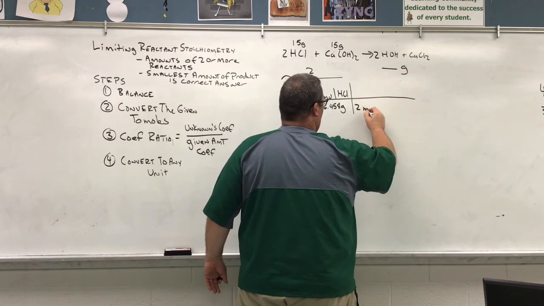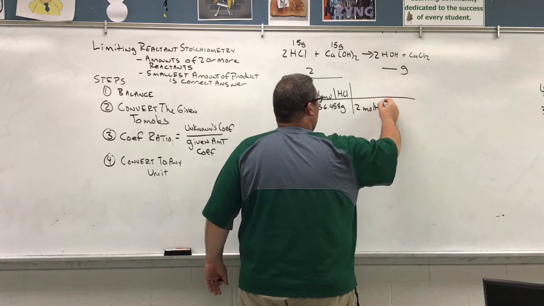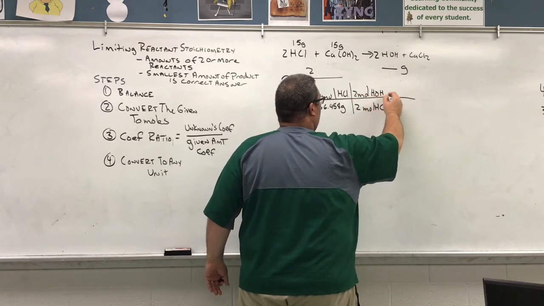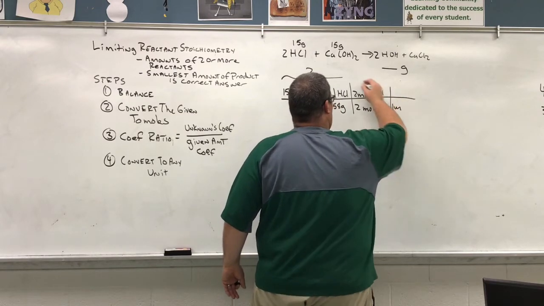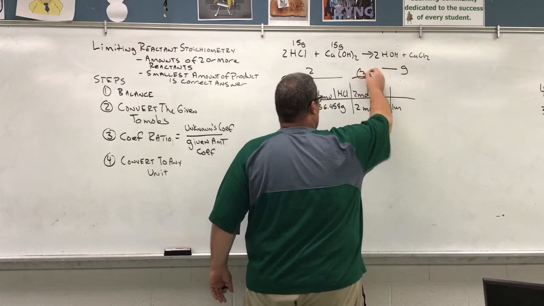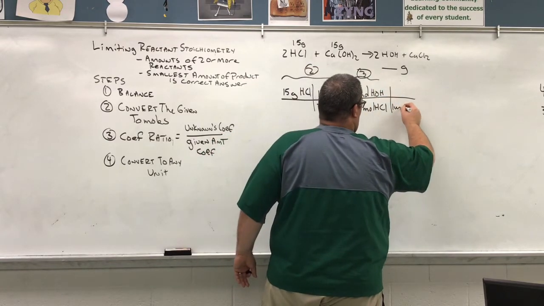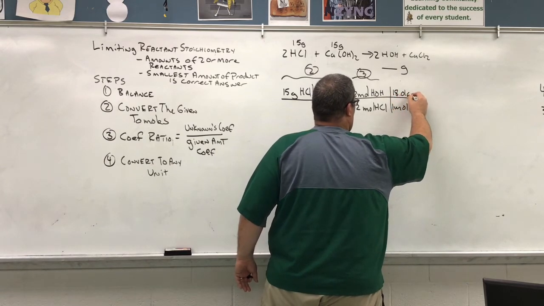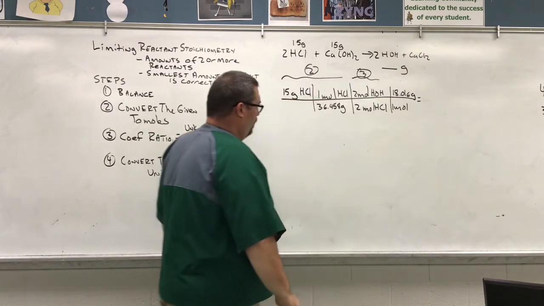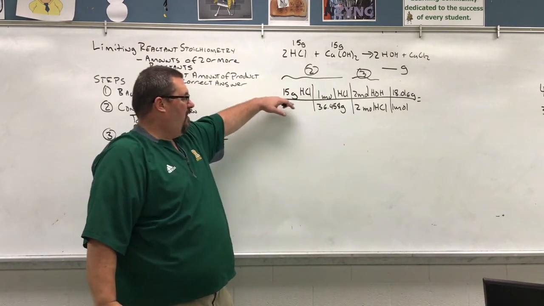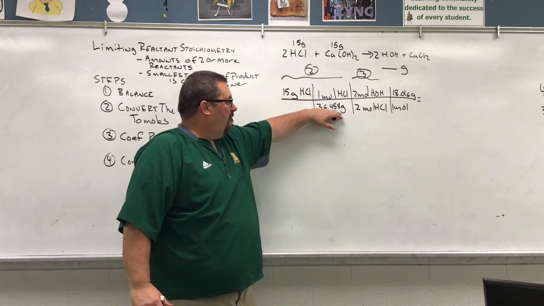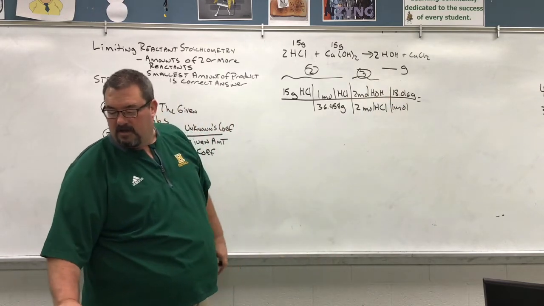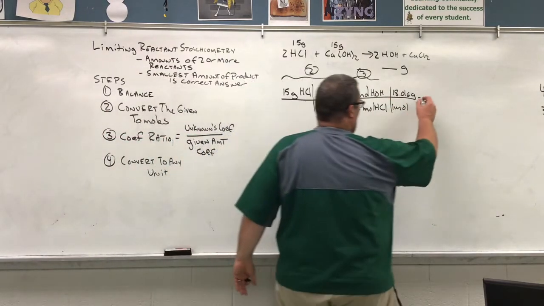So I have 2 moles of HCl and 2 moles of HOH. This is step 3. And then 1 mole of HOH is 18.016 grams. When we put this into the calculator, we say 15 divided by 36.458 times 2 divided by 2 times 18.016.